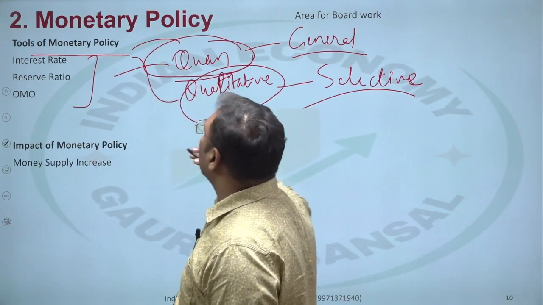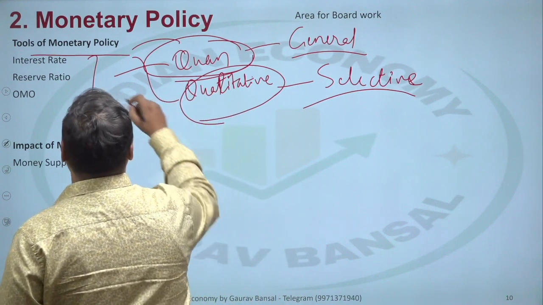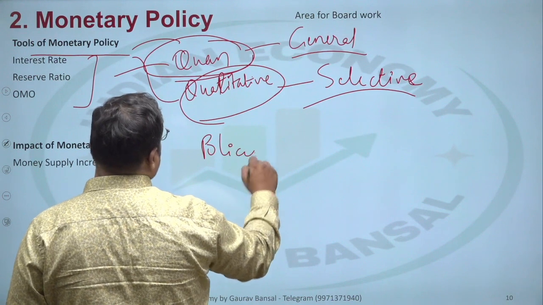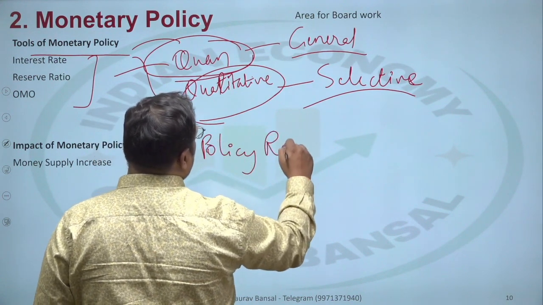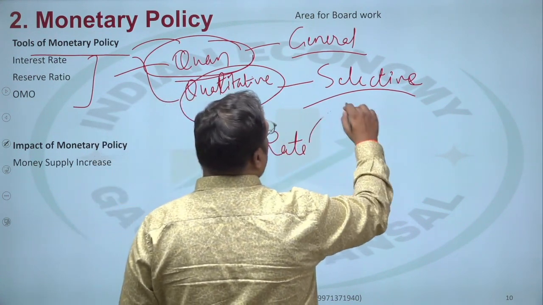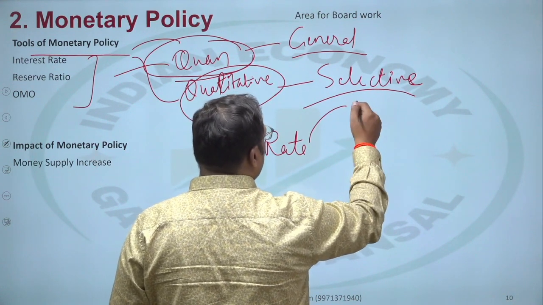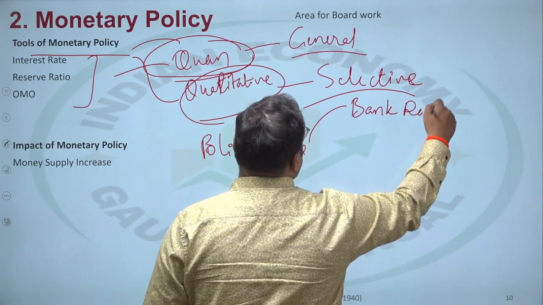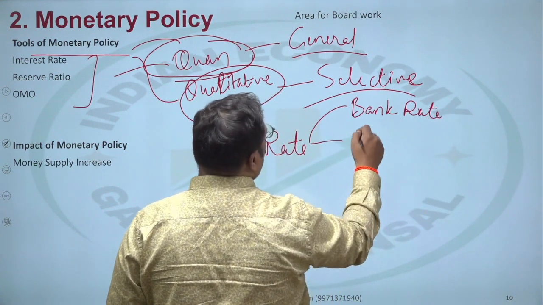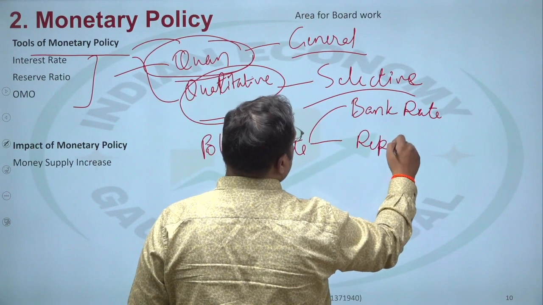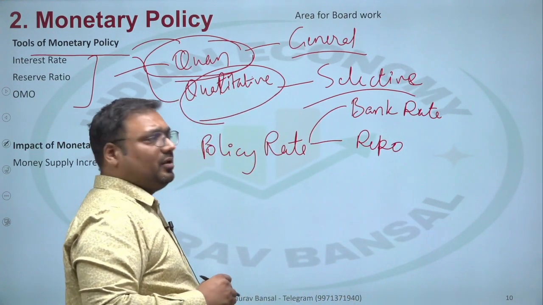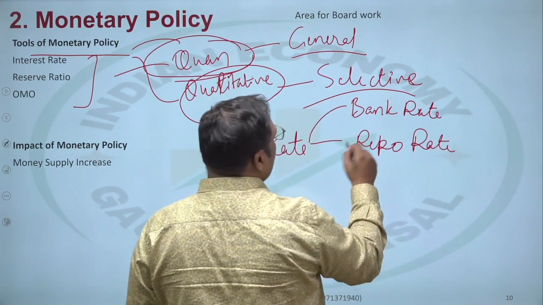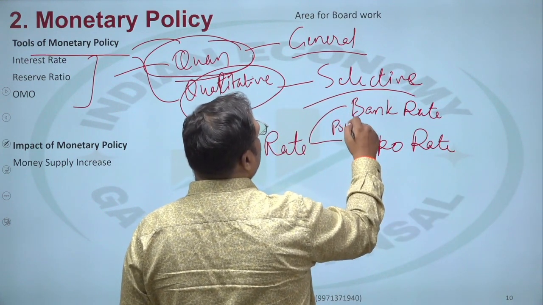The first tool is the interest rate. The interest rates that we talk about here are policy rates. What are the policy rates? First of all, the bank rate. Then we have the repo rate. We now even call it the policy repo rate.